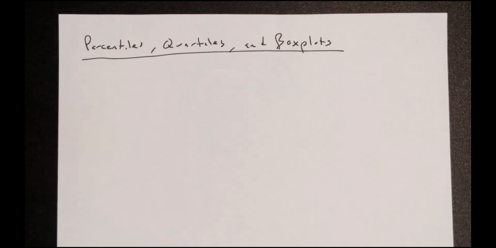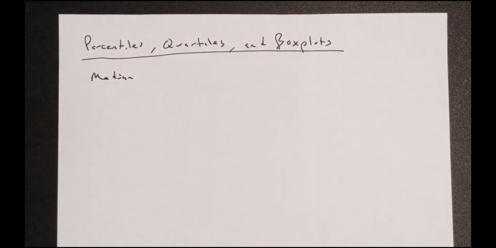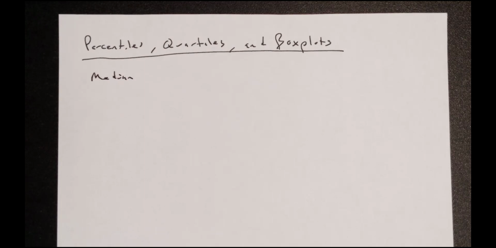So what happens if we switch from using the mean to using the median? Well, the median was which of our data values? Or how did we define the median? The middle, physically, right?